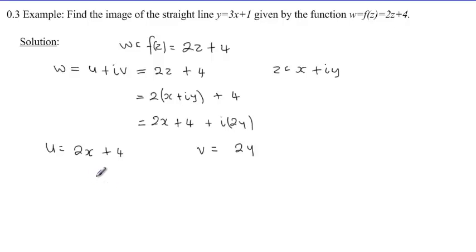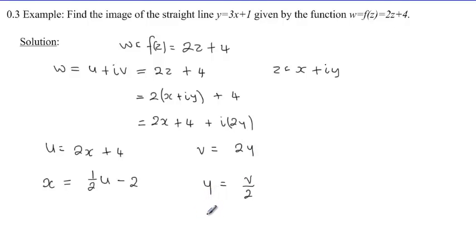Next, we can write x in terms of u, which comes out as x equals half of u minus 2. I hope you can see how you can do some algebraic manipulation here, making x the subject of the formula. On the other hand, we have y equals v divided by 2, by dividing both sides by 2.